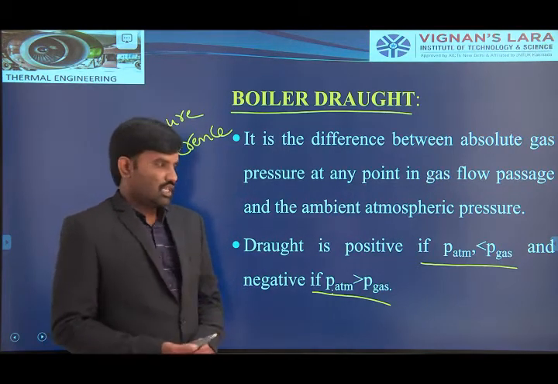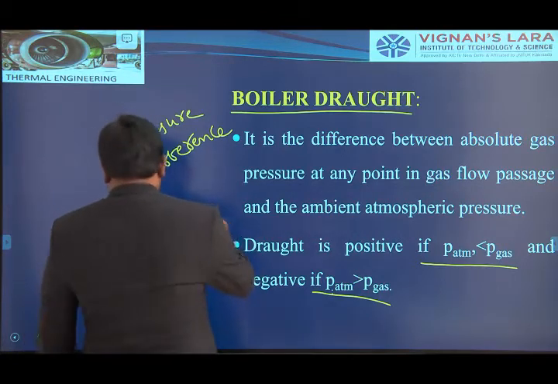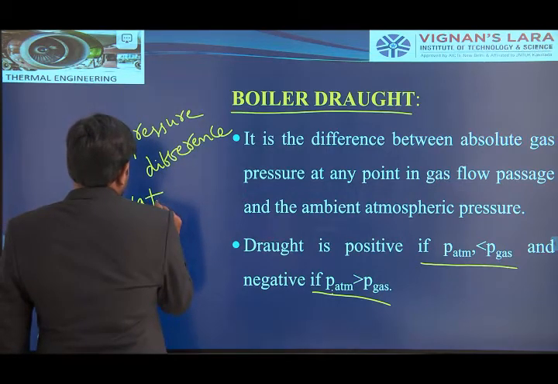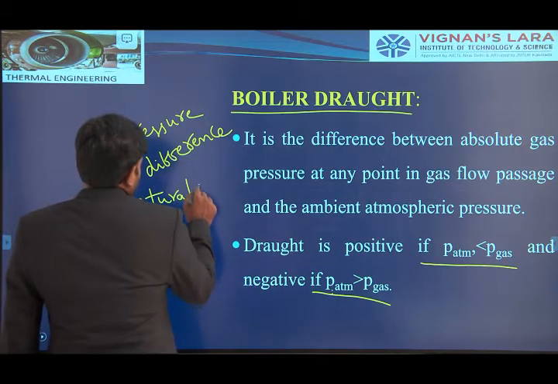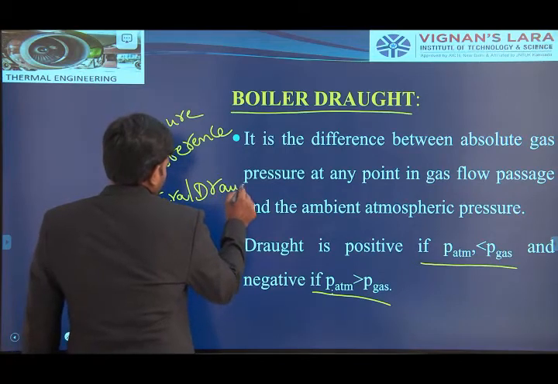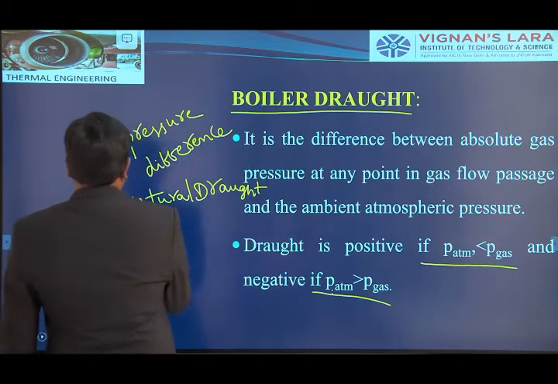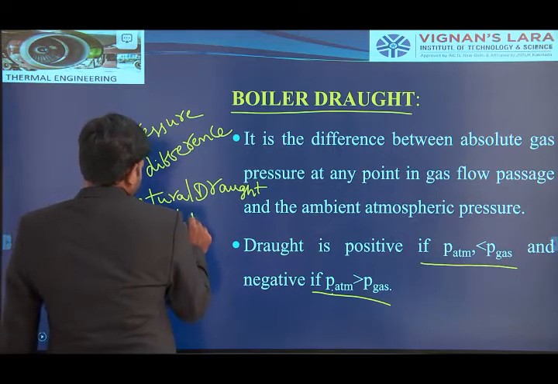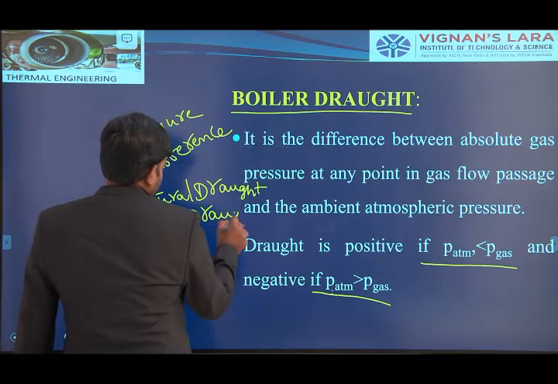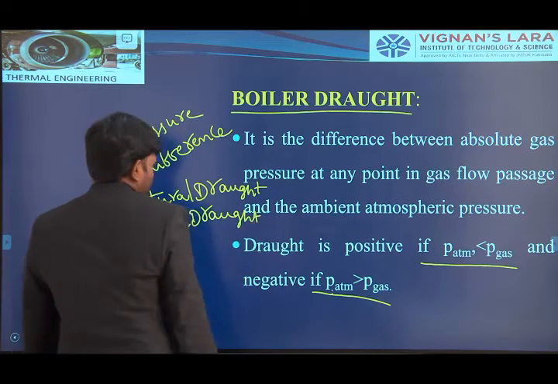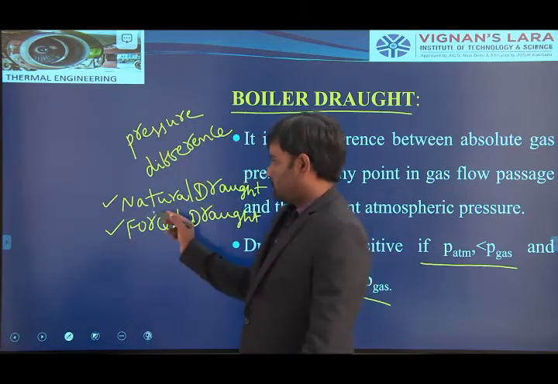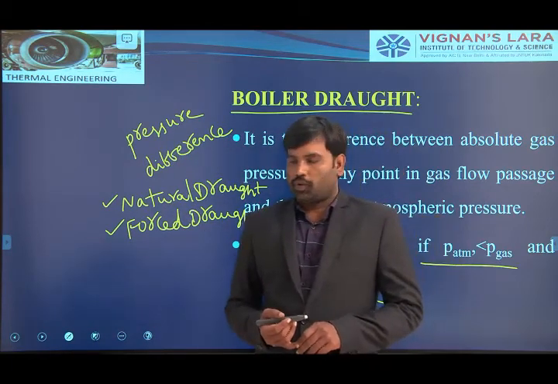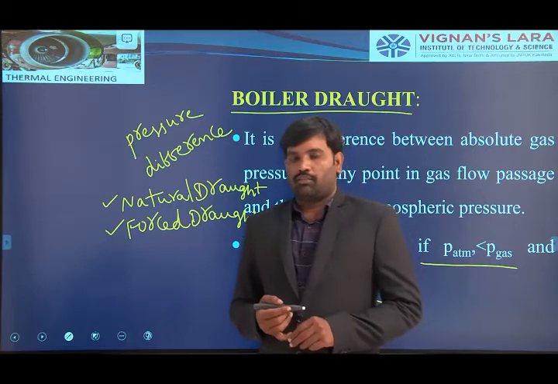Generally we use two different types of draughts: first one is natural draught, and second one is forced draught. These two types of draughts we adopt in the boiler combustion process.